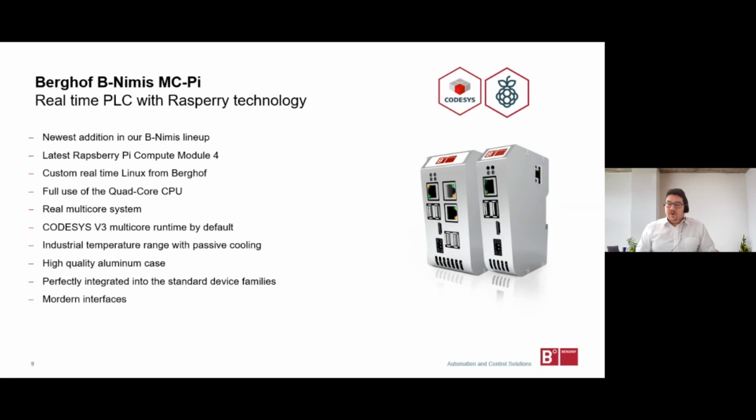The system running on these devices is not Raspbian or the Raspberry OS. It is a custom real-time Linux from Berghof that we have used for many years on all our IMX devices.